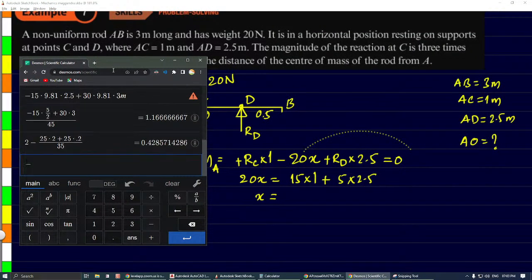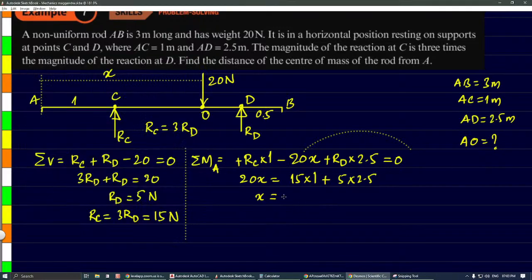So I get 15 into 1 is 15 plus 5 into 2.5 divided by 20, 1.375. This is in meters. So this is the length. This is the distance x.